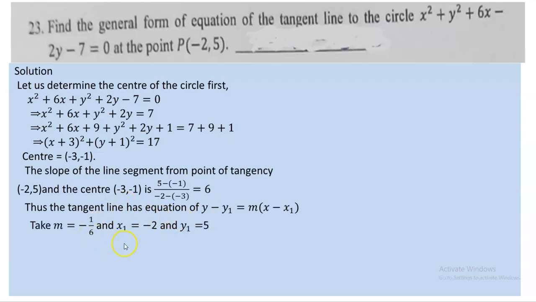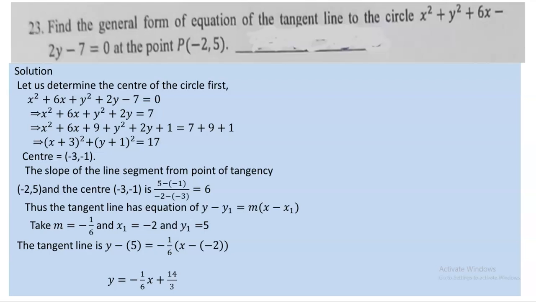The slope is -1/6, x1 is -2, and y1 is 5. Plugging all this in, we obtain y - 5 = -1/6 (x - (-2)). So this is going to finally be y = -1/6 x + 14/3.